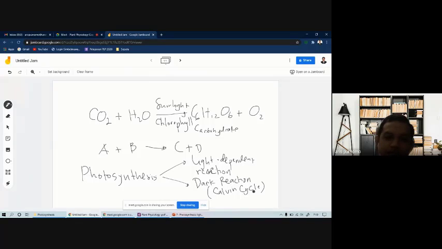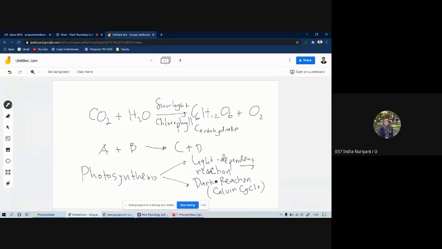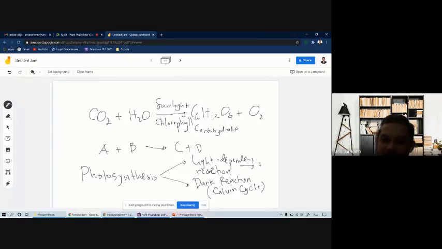What is the main difference between light-dependent reaction and Calvin cycle? The main difference is that the light-dependent reaction needs sunlight, of course, and Calvin cycle doesn't need sunlight. Also the product is different.